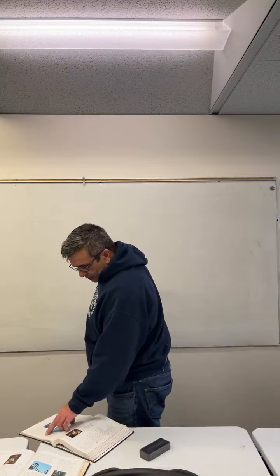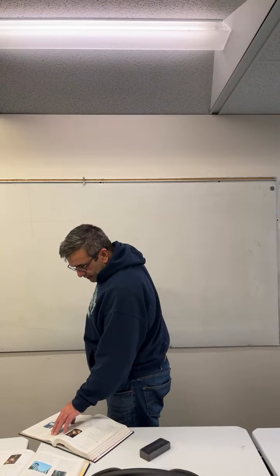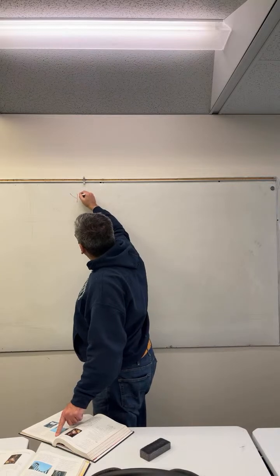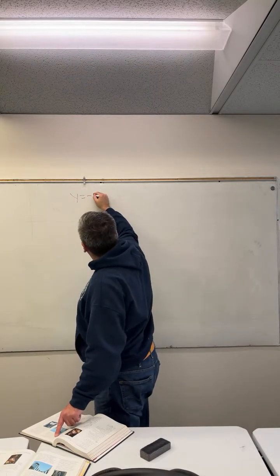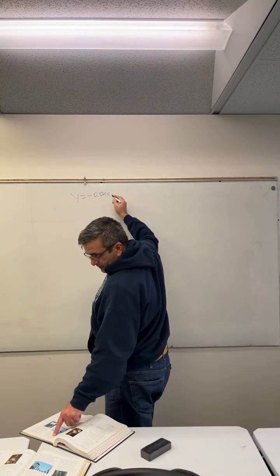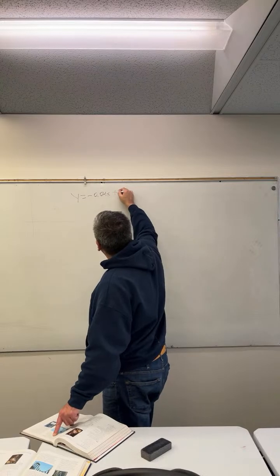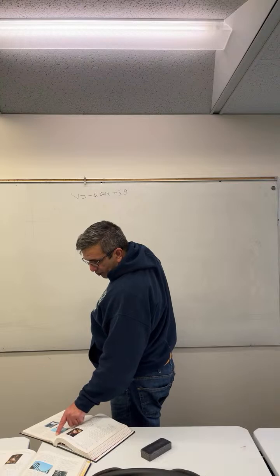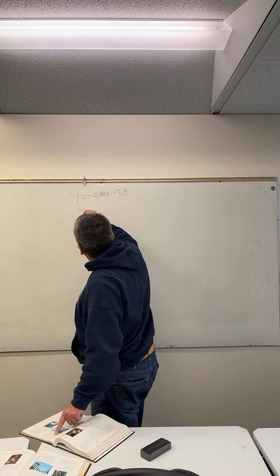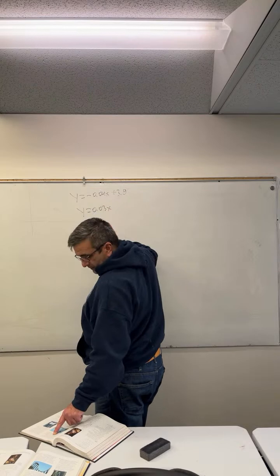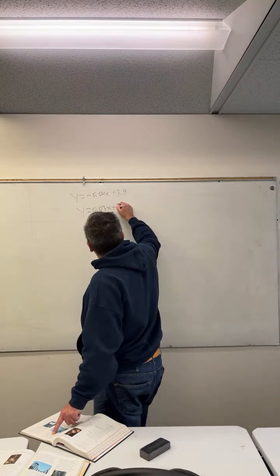One downward sloping grade, modeled with this equation, plus 3.9, is followed by an upward sloping grade modeled by the equation. So these are two, this should have two solutions.